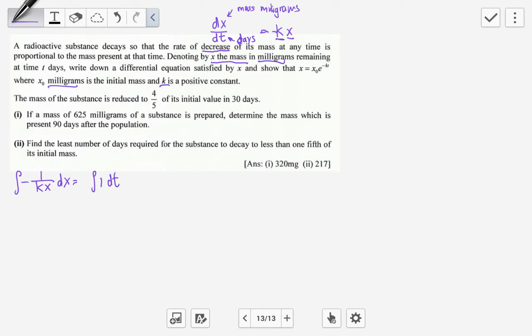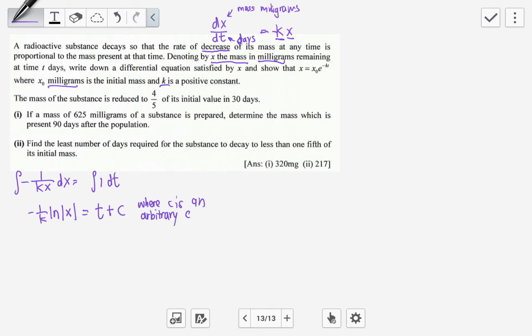When we integrate this, it's just minus 1 over k ln modulus x, and when we integrate this we get t plus c. You can revise your techniques of integration, where c is an arbitrary constant.